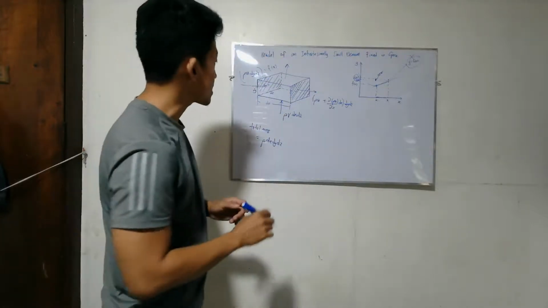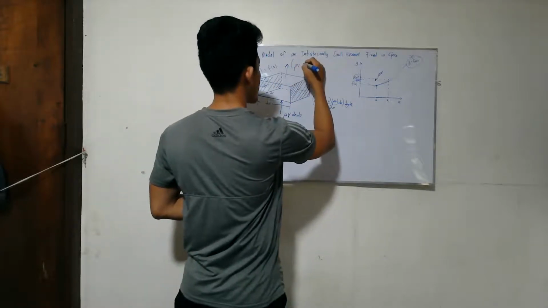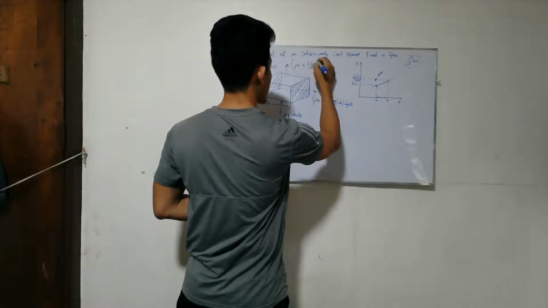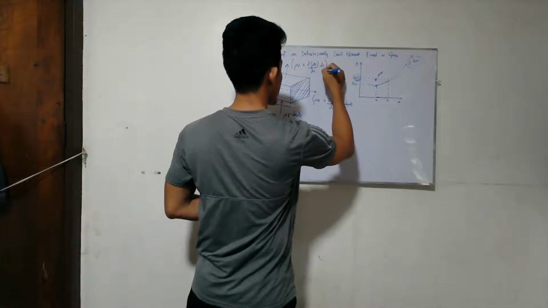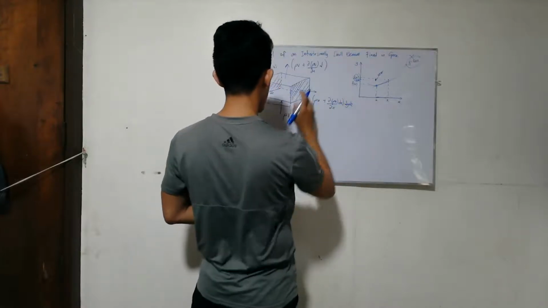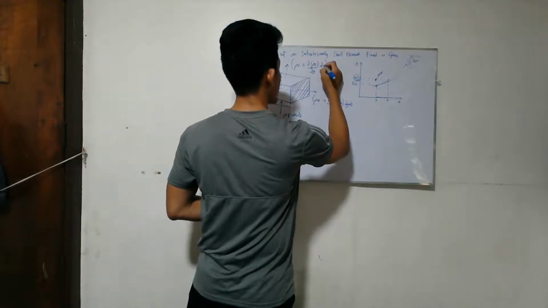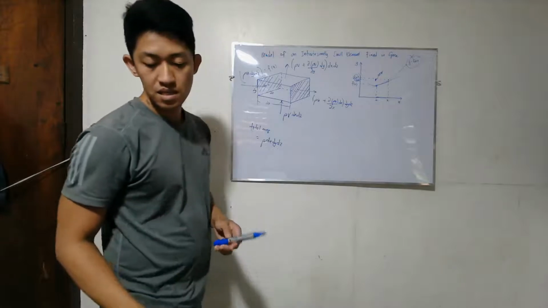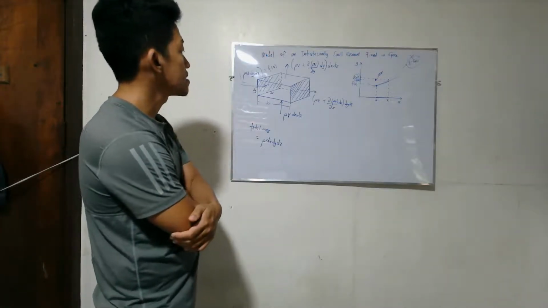Rho v dx dz, and then magawas diri rho v plus partial of rho v with respect to y dy dx dz. Tama? Okay.